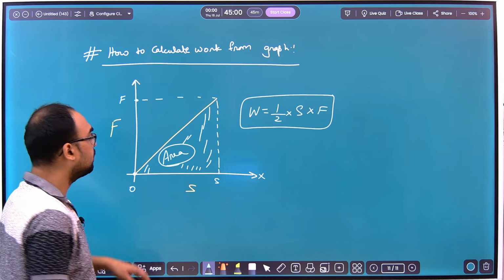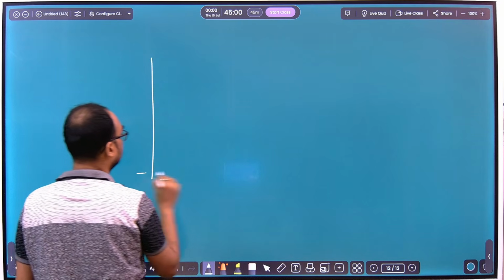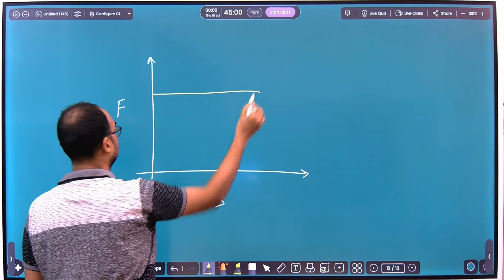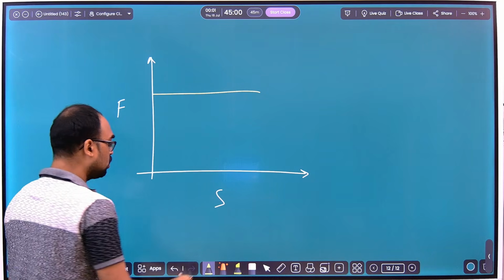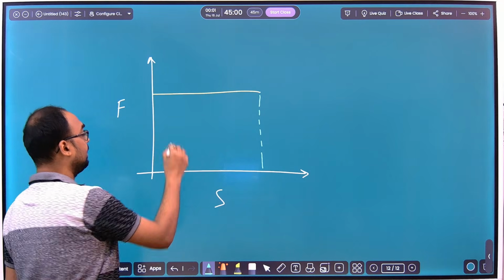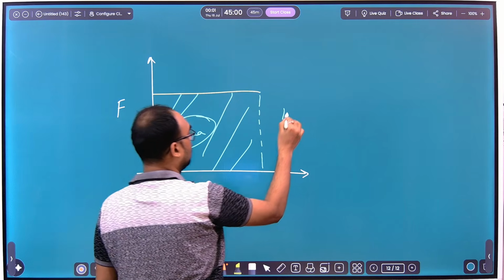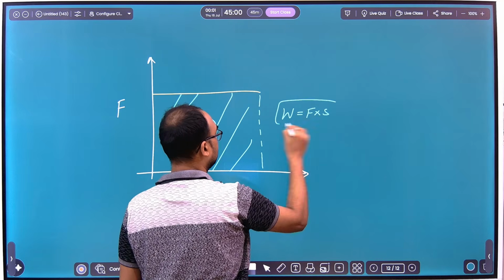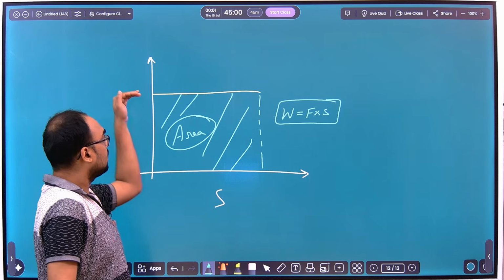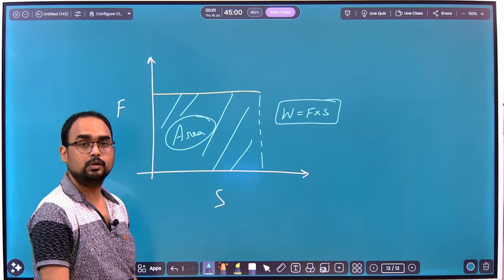If the line would have been something like this, a horizontal line, then you had to find the area of this graph, which is a rectangle. So work done equals force into displacement, simple. This is because the breadth is the force and the length is S. That's it, the work done calculated from a graph.